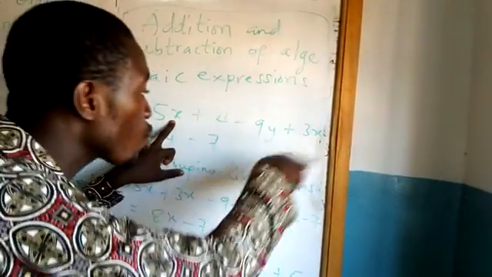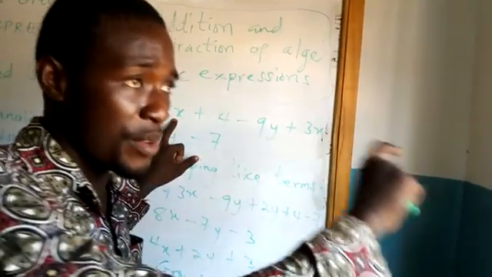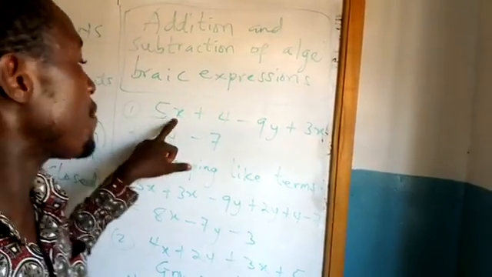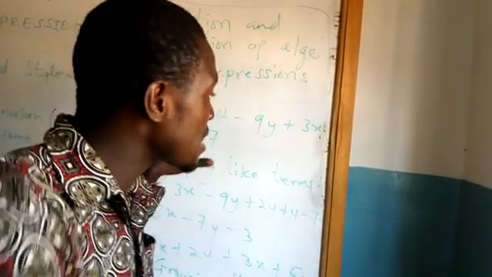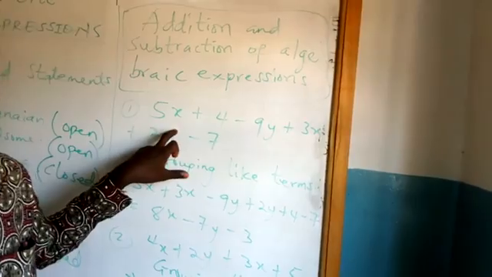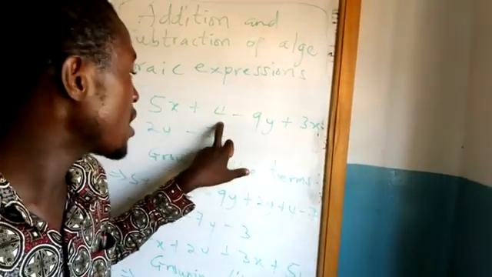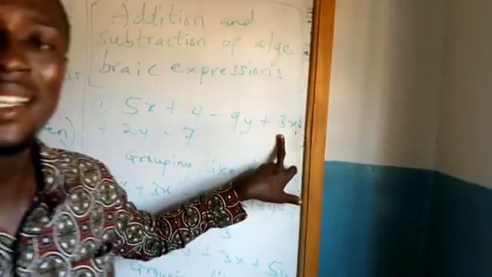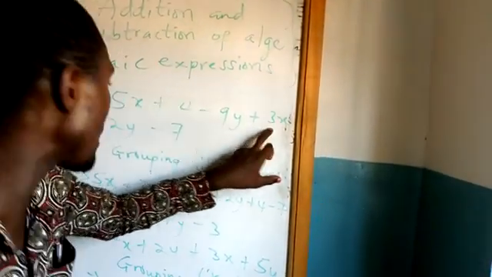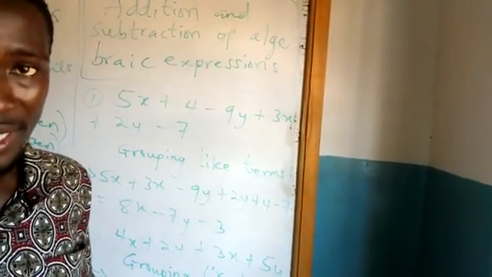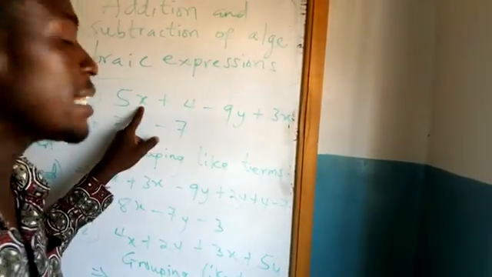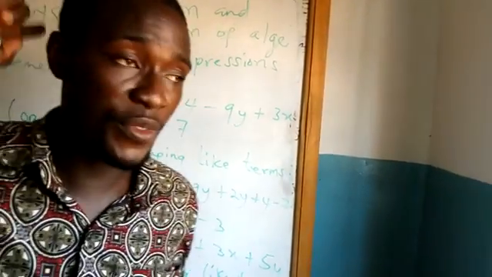So we have to look through the expression and find out whether we have another term that has the same letter as 5x. We look through this, this doesn't have. This one has x. For the 3 and the 5, they are just coefficients. They can be any numbers. The main focus is on the letters, as we learned in our previous lesson.